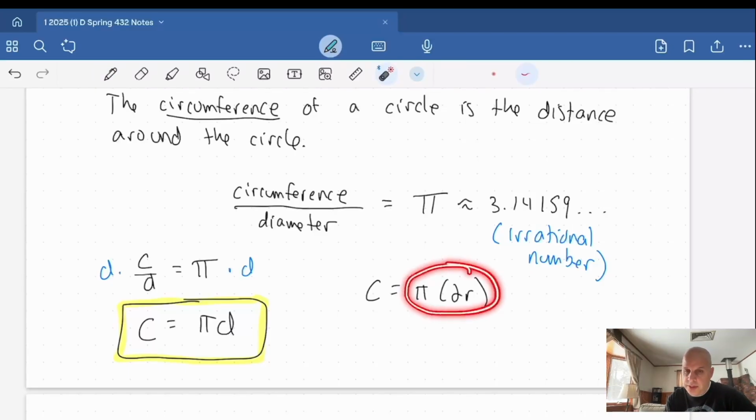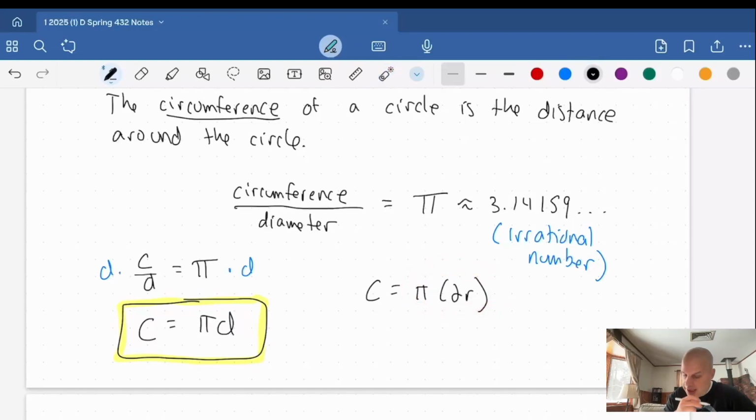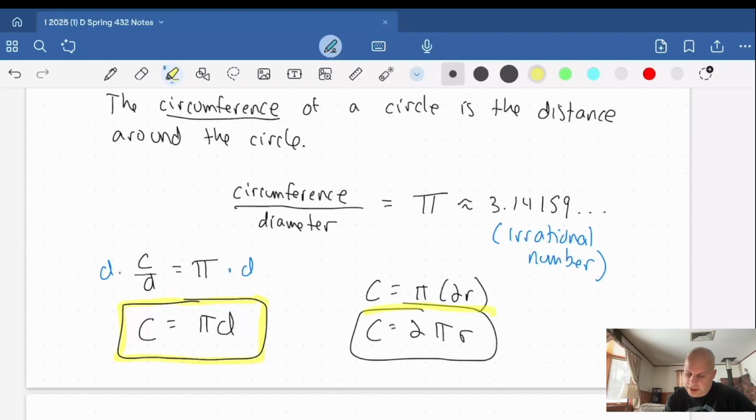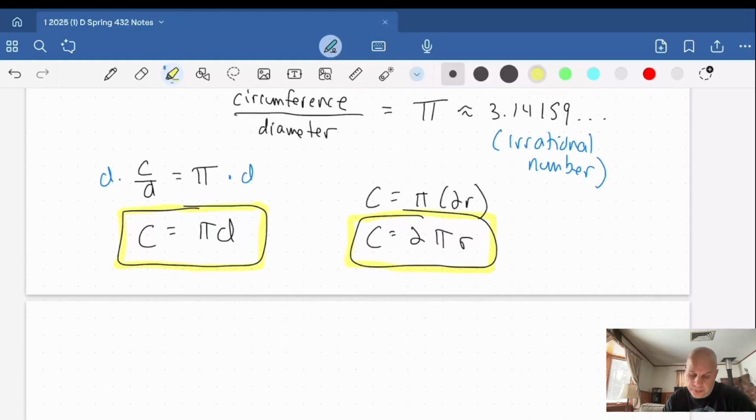And since I'm multiplying three things together, that's the same thing as mixing the order around. The order of multiplication doesn't matter. It's commutative. We say circumference equals 2 pi r. You could use either formula to find the circumference depending on the information that's given in the problem. So that's how we work with the circumference of a circle.